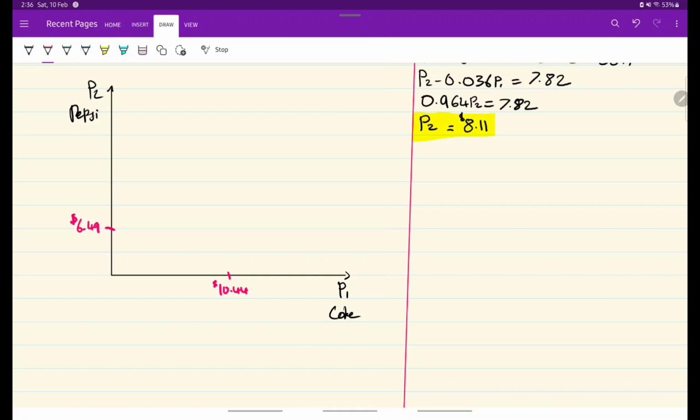And then your respective prices that you got, $12.72 and $8.11. So I'll just do it up here. $8.11.